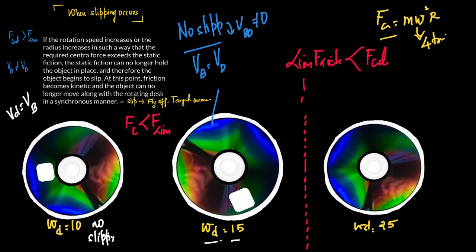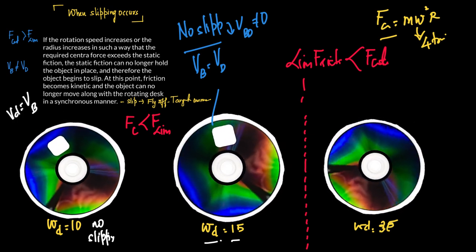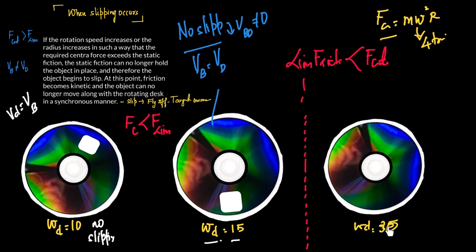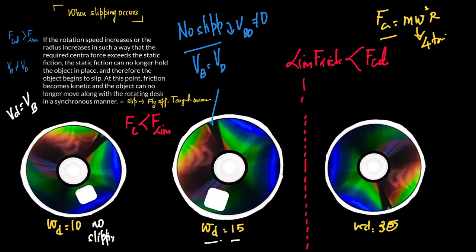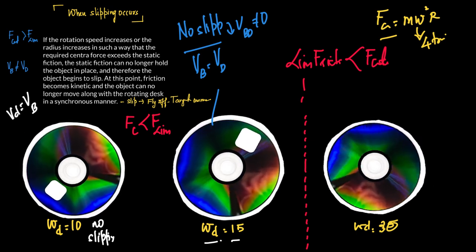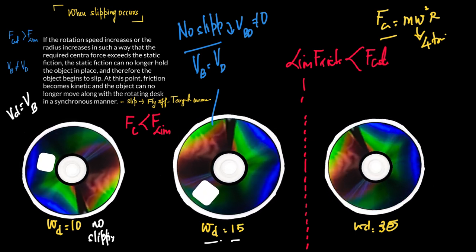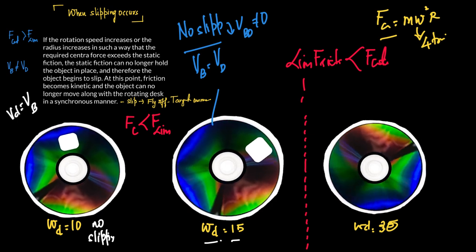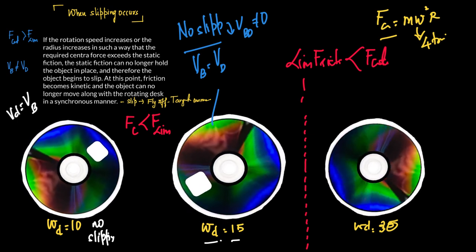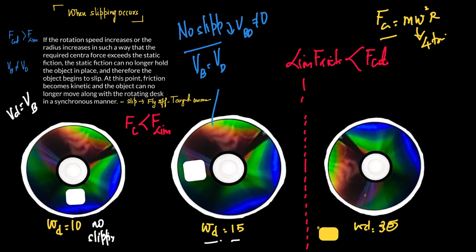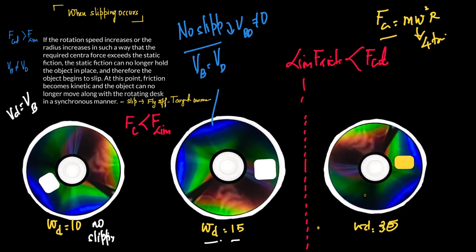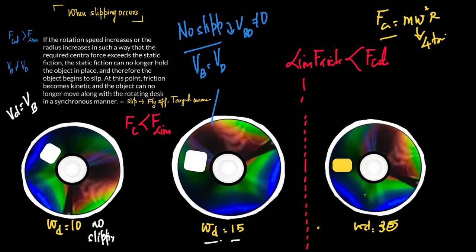Maybe I'll just try to make it more clear. Let us make this 30. Right? So the speed of rotation is increased 2 times, which means the centripetal force will now become 4 times. Let's see what will happen. Here, if you place the beaker on the disk, it will try to move like this.